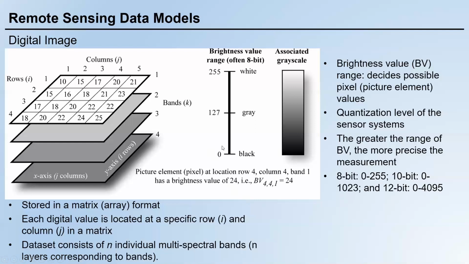But usually 256 is good enough. For example, at band 1, which is red, a specific pixel did not reflect any red light. It means the energy received by the sensor at the red band is 0. So I will just give 0 for that pixel at the red band, and that pixel is totally black.